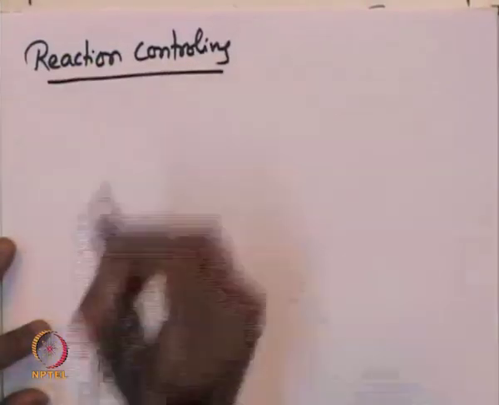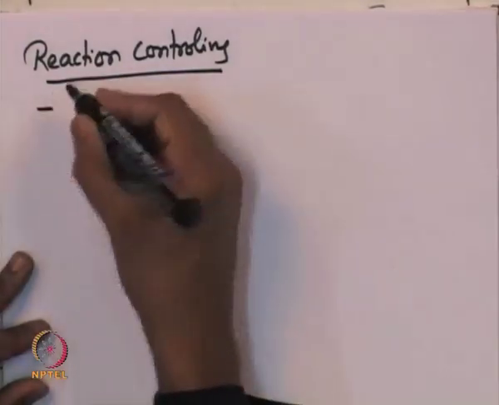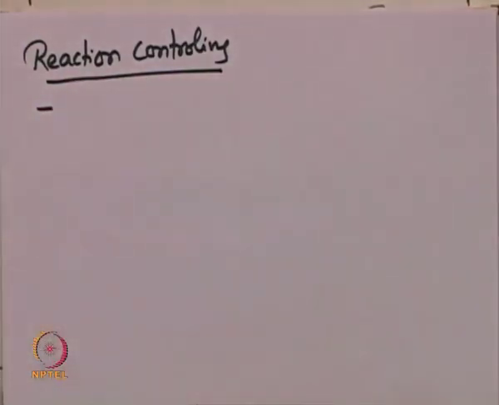Now, the third process which may control the overall reaction is the actual reaction occurring on the surface of the unreacted core. Suppose we assume that it is reaction controlling. What it means is that the reactant species diffuses through the gas film and through the ash layer, and then reaches the surface of the unreacted core.